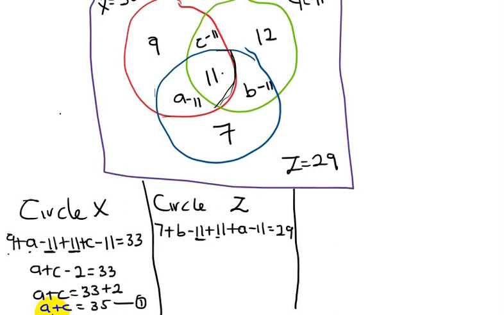Now 11 and 11 will be 0, right? So we will get B plus A. Then 7 minus 11 is going to give us minus 4, being equal to 29. So we are going to get B plus A being equal to 29 plus 4. Then B plus A will be equal to 33.